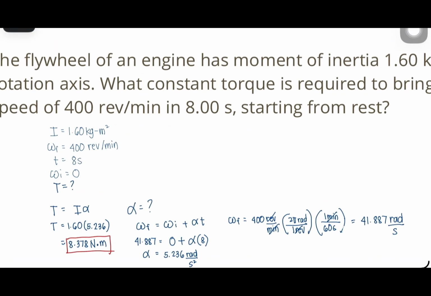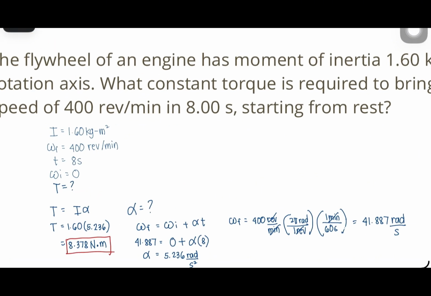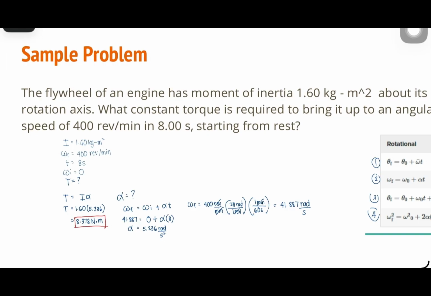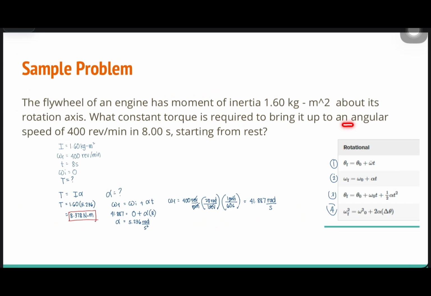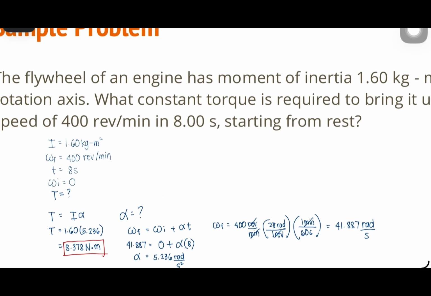Okay, so here are the known variables. Given na yung moment of inertia, 1.60 kg meter squared. The angular speed, pag speed, yung ginagamit nating symbol is omega.